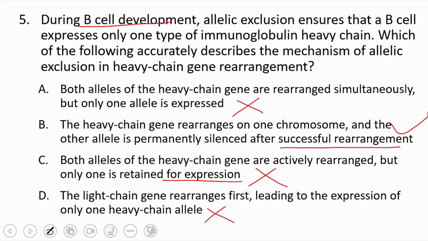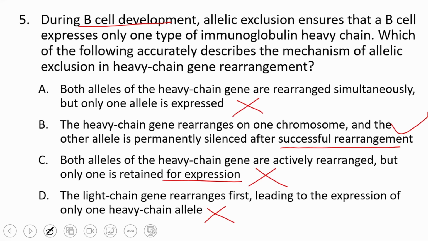No. The heavy chain is rearranged first, then it will be expressed on the surface of a B cell with a surrogate protein, forming the pre-B cell receptor. That's the name of the receptor. Then it will send a signal. If it's a functional heavy chain, then it will move to the light chain and form the light chain.